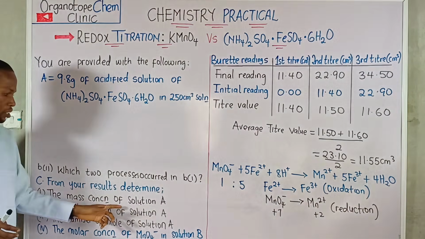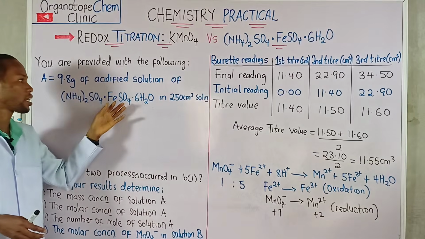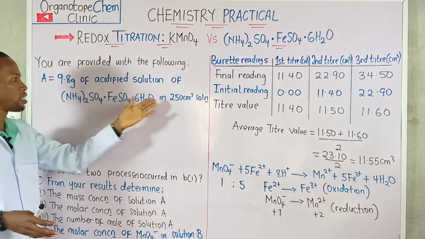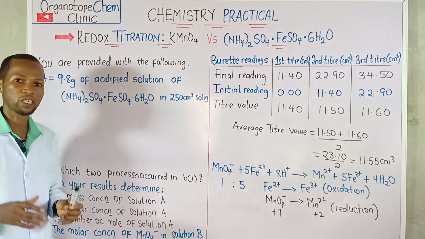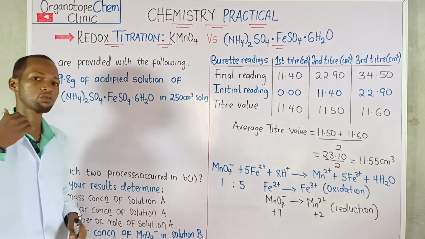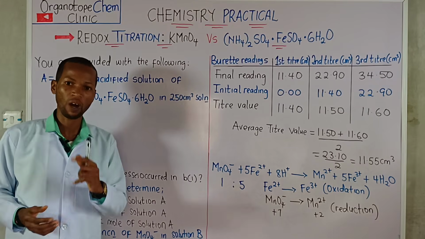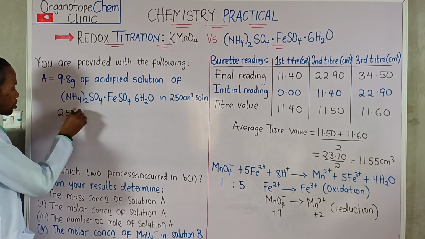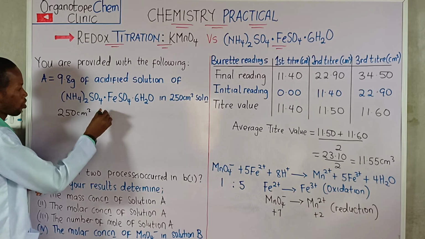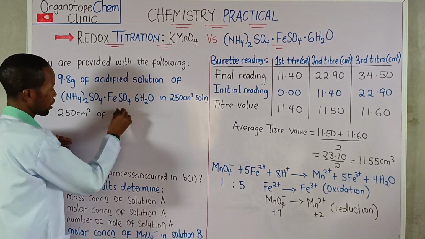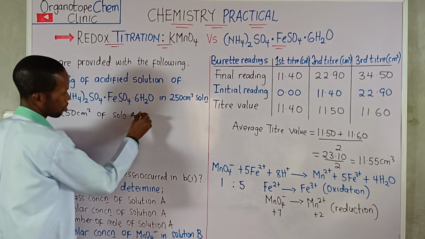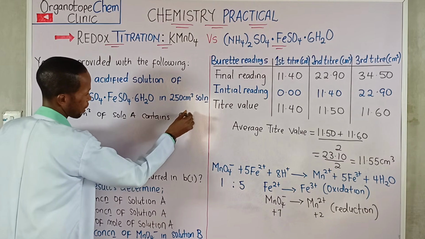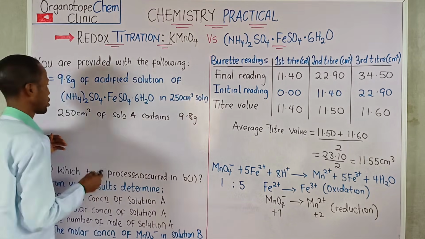The mass concentration of solution A. Solution A is the ammonium iron 2 sulphate. So we're given the mass contained in 250 cm³. In order to get the mass concentration, we need to determine the mass contained in 1000 cm³. So 250 cm³ of solution A contains 9.8 gram.